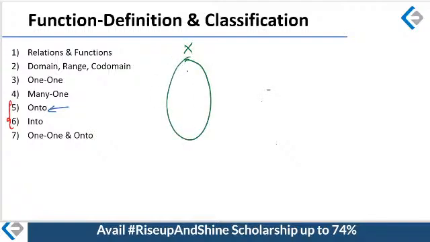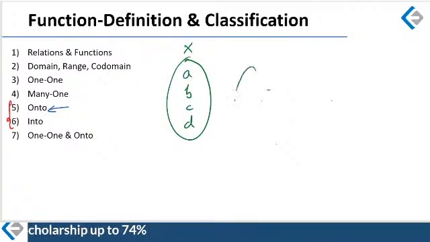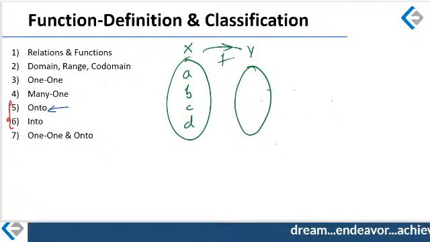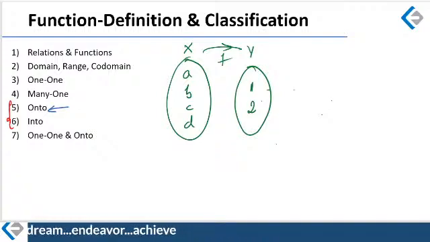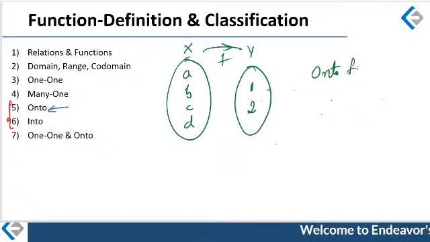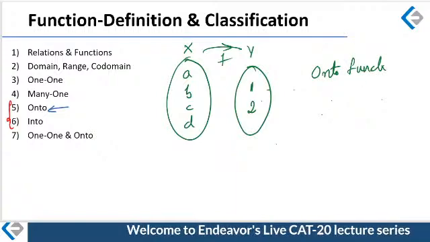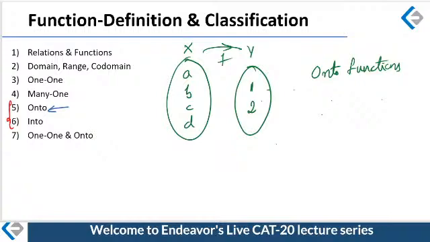The elements of set x are a, b, c, and d. There is a function defined. The elements of set y are only two numbers, 1 and 2. One question I can ask is, how many onto functions are possible from x to y?